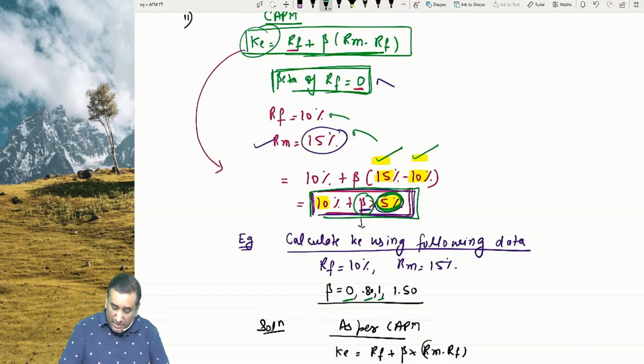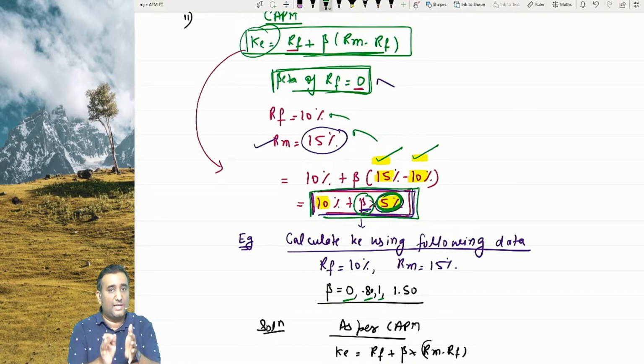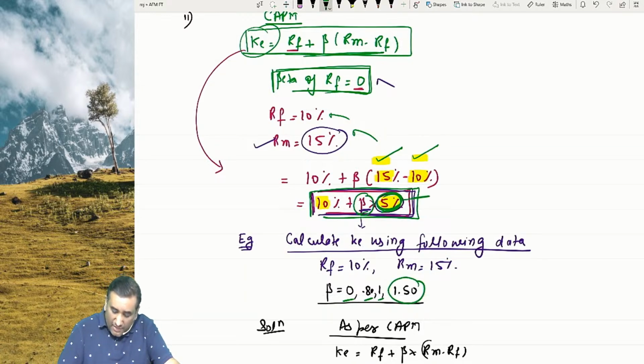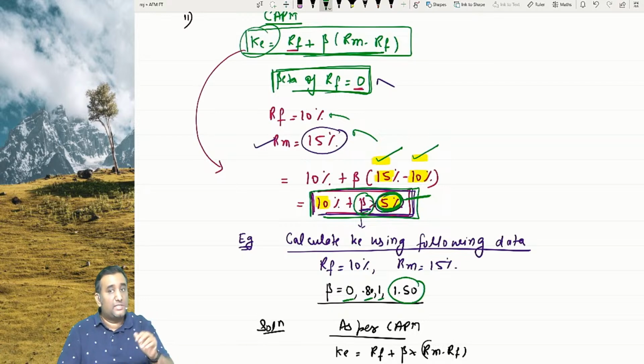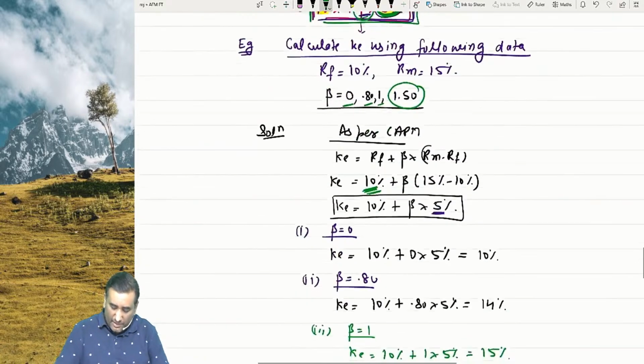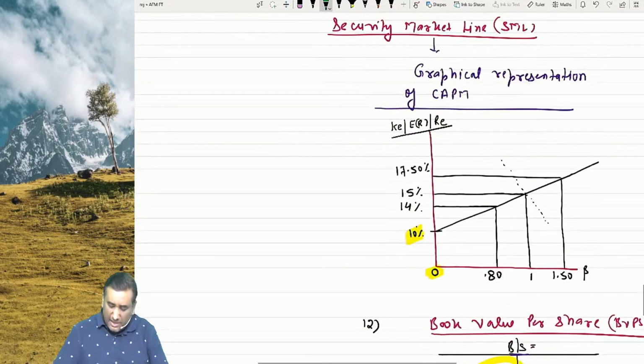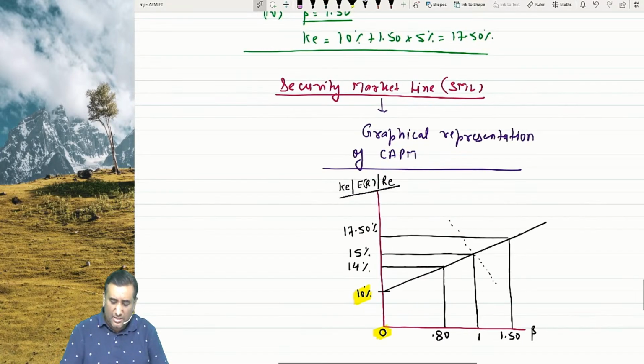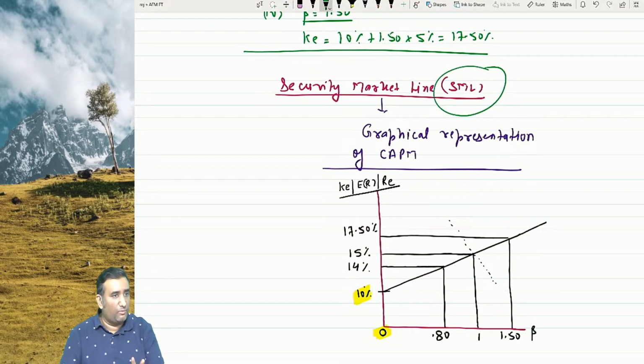If the beta is 1, when you multiply here, automatically 5% extra will come. If the beta is 1.5, we say 5 extra I need when the beta is 1. Since I'm investing in a security whose beta is 1.5, I need extra how much? 7.5, and accordingly we make it. And when we draw this in the CAPM equation, it becomes the SML line. That is generally what happens here.